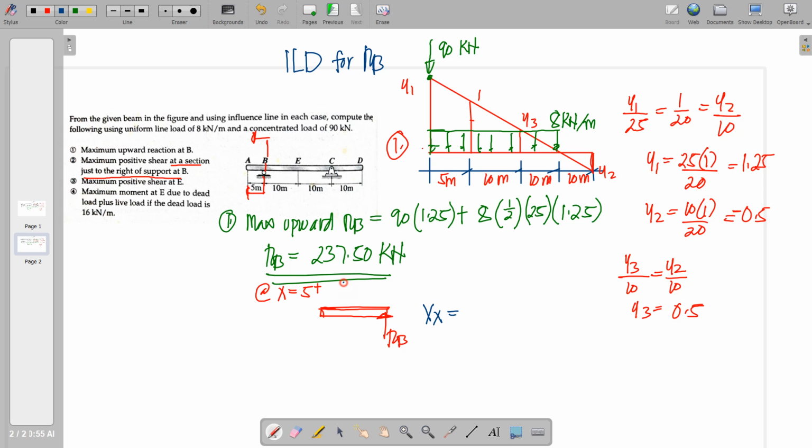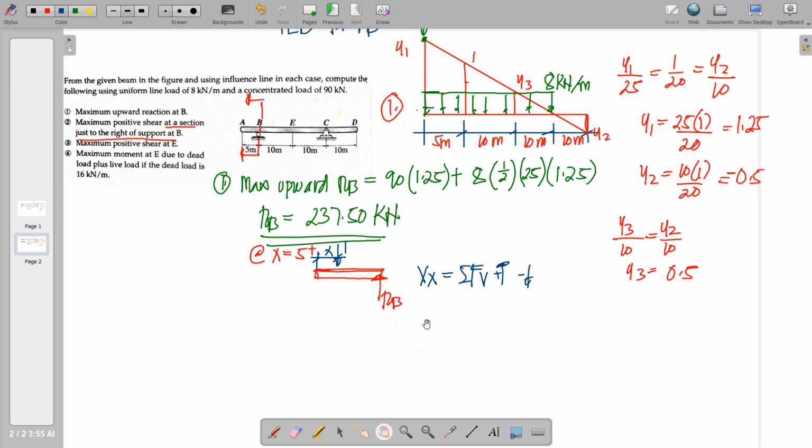say this is the unit load 1 and this is x. So simply Vx is the summation of vertical forces, positive going up and negative going down. So we will be having two equations here.